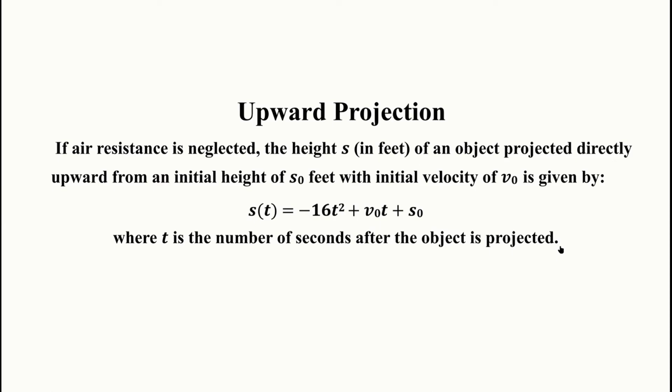Notice something interesting here, that the units work out so that you end up with distance units in all three of these expressions. So this is the acceleration of gravity right here. So the actual formula from physics is 1/2 at squared plus v0t plus s0.